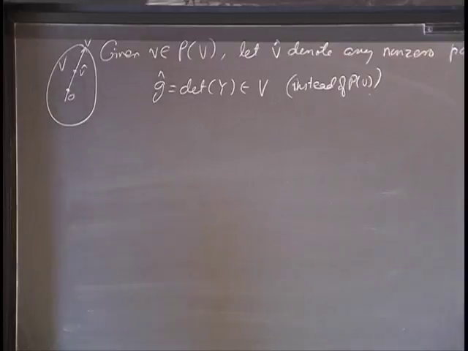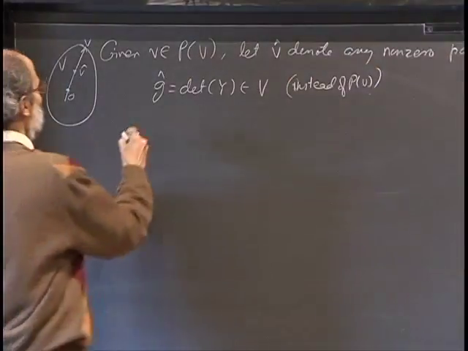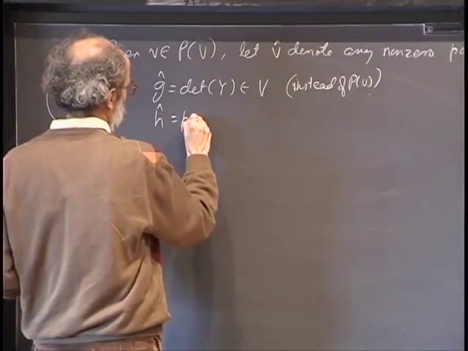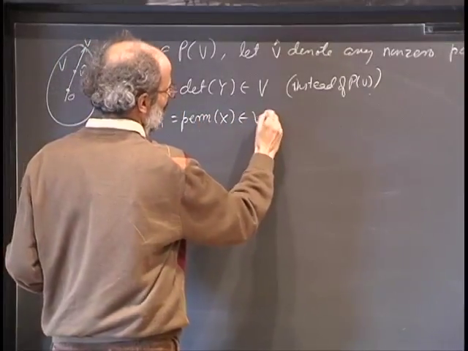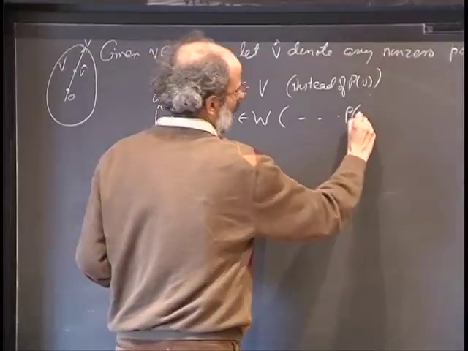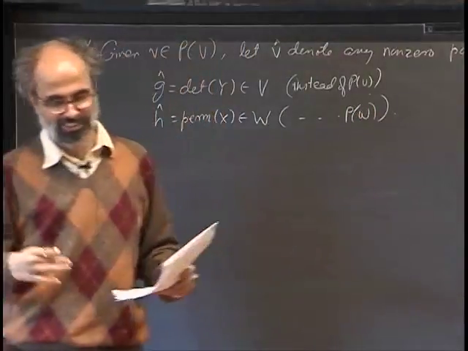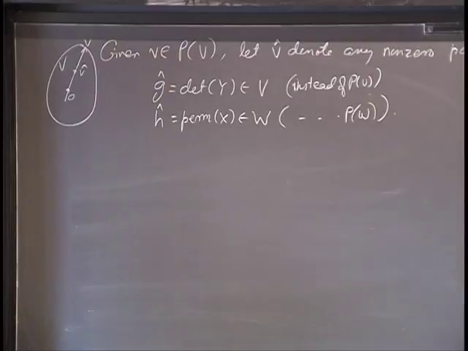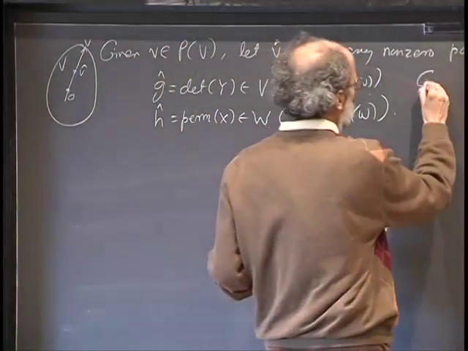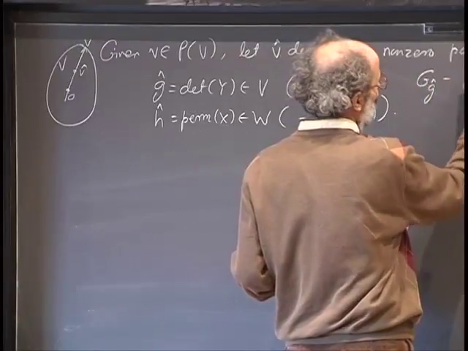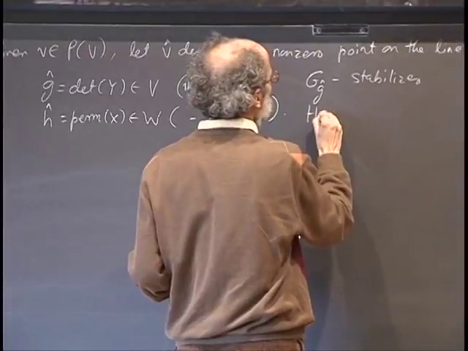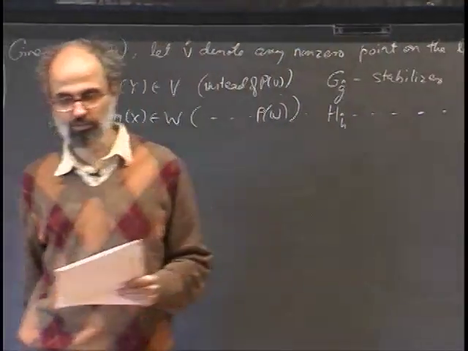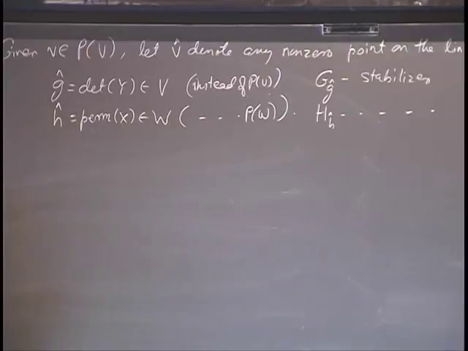And similarly H hat is equal to permanent X, because this distinction is important, as we saw yesterday. And let G of G hat be the stabilizer of this affine version of determinant, and similarly H of H hat is the stabilizer of the affine version of permanent.